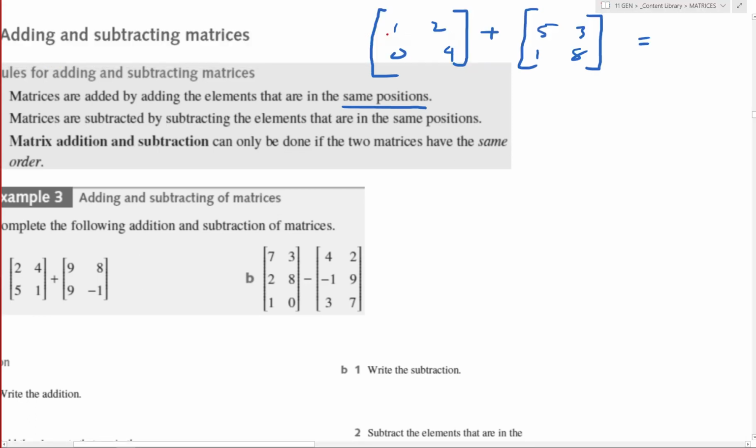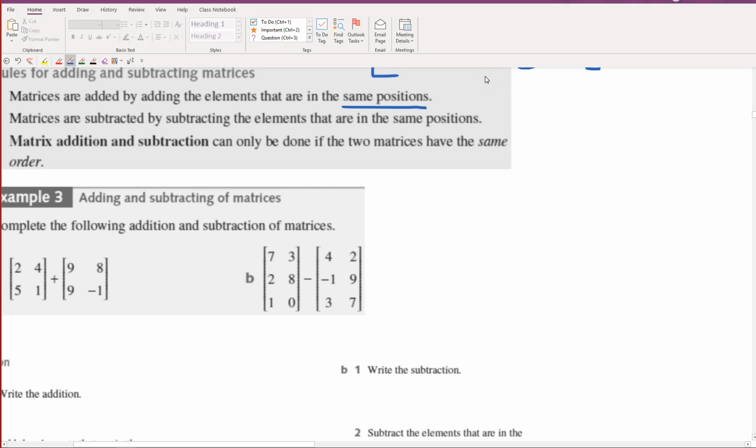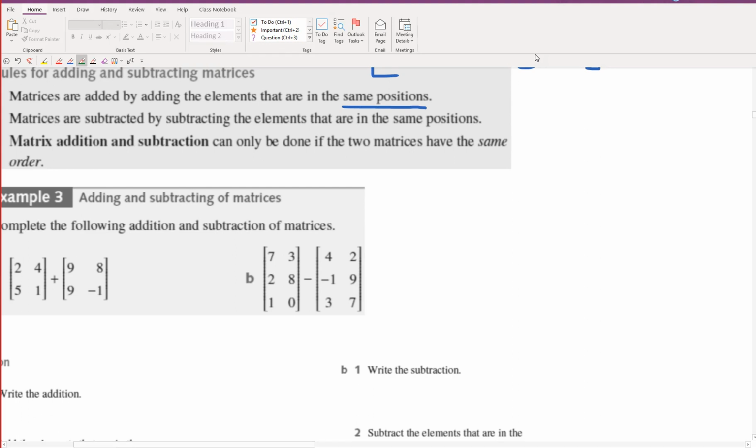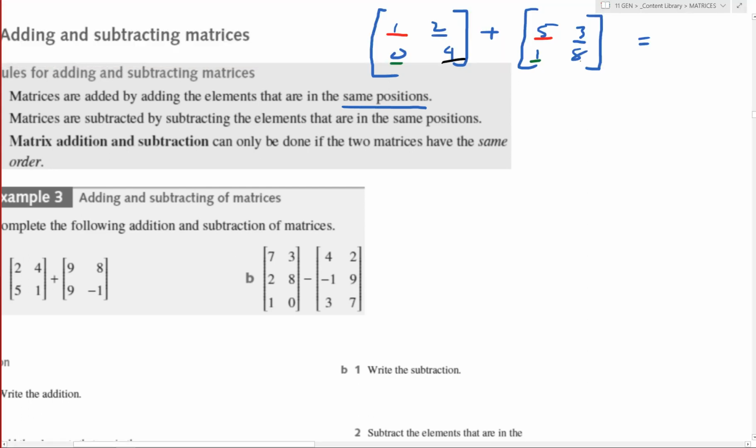So this element here must be added with this element here. This element must be added with this element. This element must be added with that element, and the last one, this element with that one. So you can't just go randomly adding any numbers. You've got to add the ones with the same position.